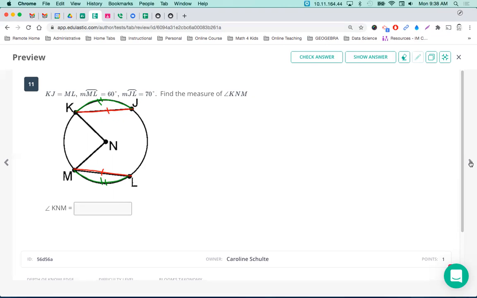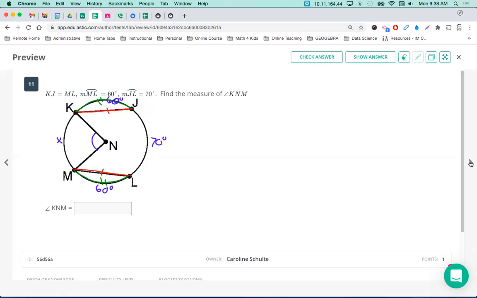So if we're told that ML is 60 degrees, KJ is also 60 degrees. If we know these two are both 60, and we're also given that JL is 70, and we're trying to solve for angle KNM, all we need to do is identify arc KM, and we know that it's equivalent to angle KNM because it's a central angle.